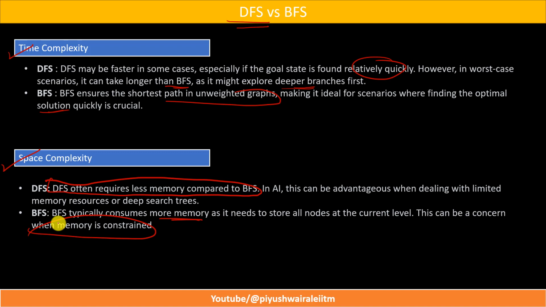Right. So all this we have discussed with the help of an example. Now, what is quality of solution? Up till now, we have discussed completeness, time complexity, and space complexity. Now, what is quality of solution? Basically, the optimal solution, right?